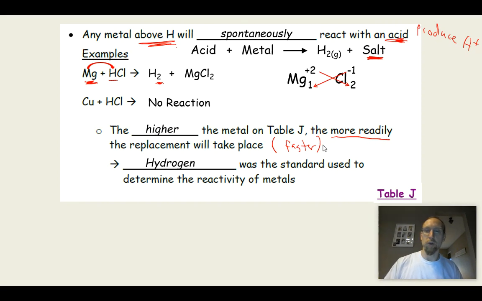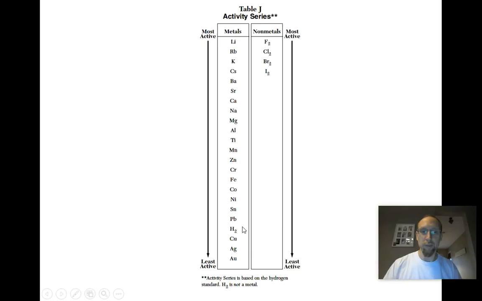Even though hydrogen is not a metal, it's on table J here. Why is hydrogen on table J if it's not a metal? Because we use that as our gauge. We compared all of these other metals to hydrogen and looked at how readily they reacted with hydrogen.